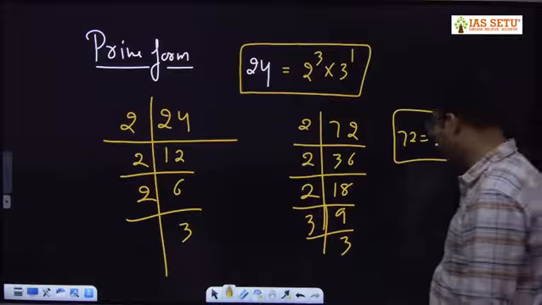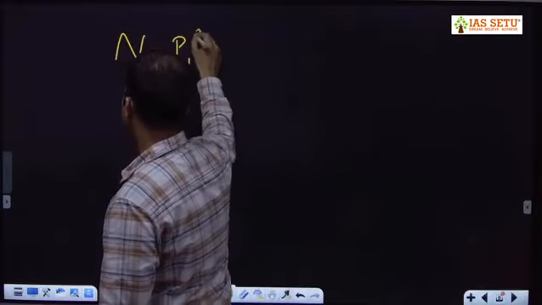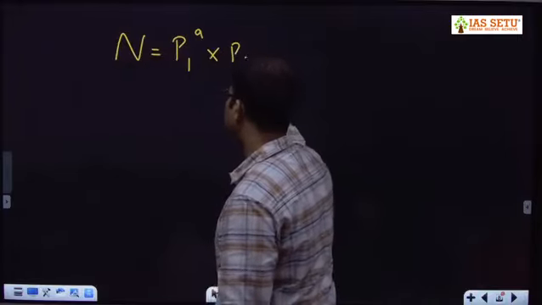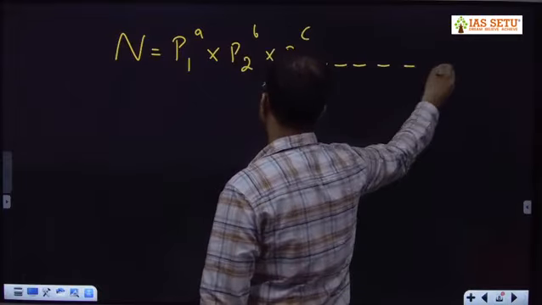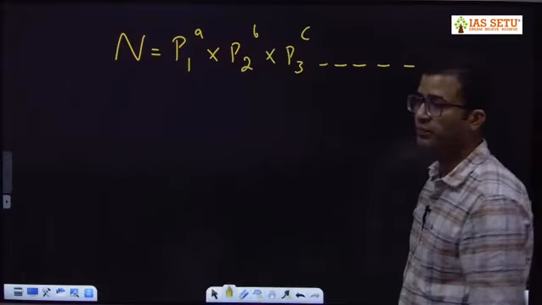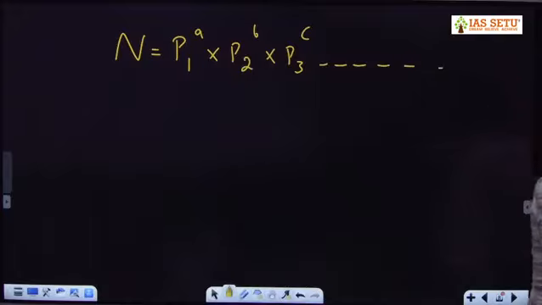So the first step is we have to convert the number into prime form. N is equal to the number we express as P1 to the power A into P2 to the power B into P3 to the power C, and so on.